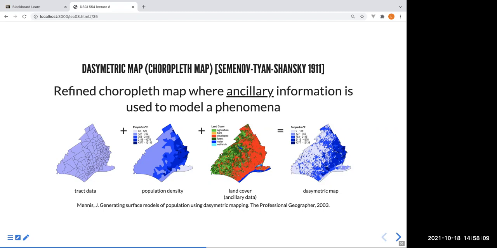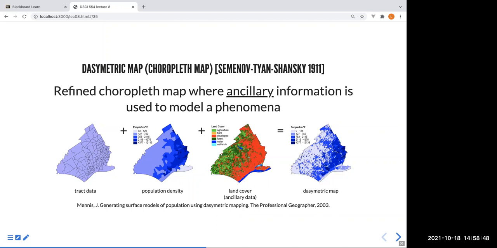So here is typically what is happening. You have some population density data that here are by tract. And you see that the counts here just correspond to the tract areas. But obviously people live in cities, they don't live in the woods or on lakes. So what you can do is refine this by taking into consideration information about how the land is used.